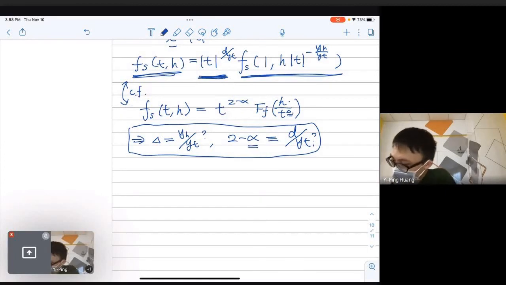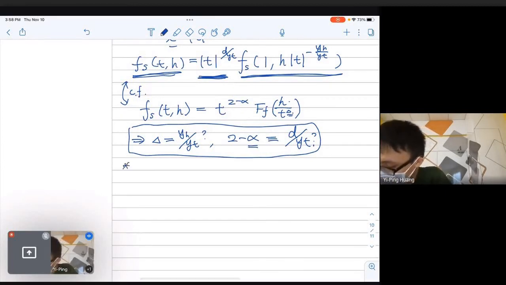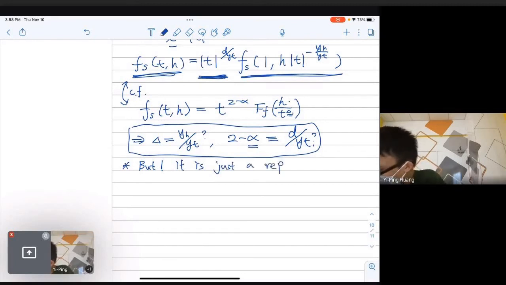But at this moment, let me just emphasize that it is just the identification of delta and alpha.